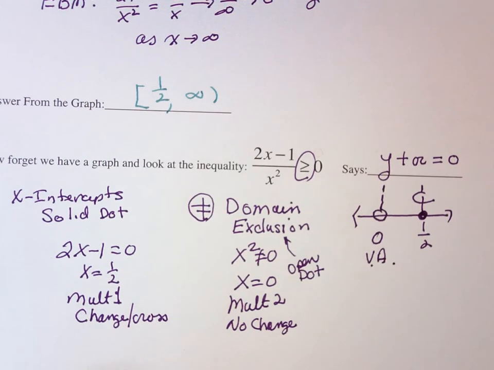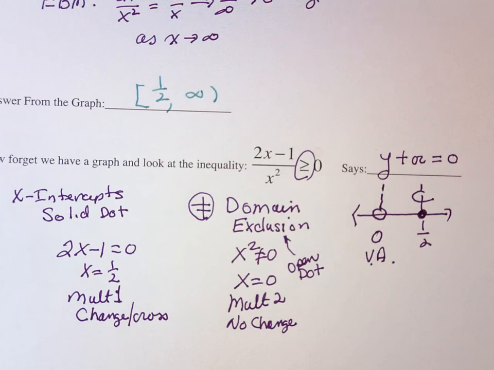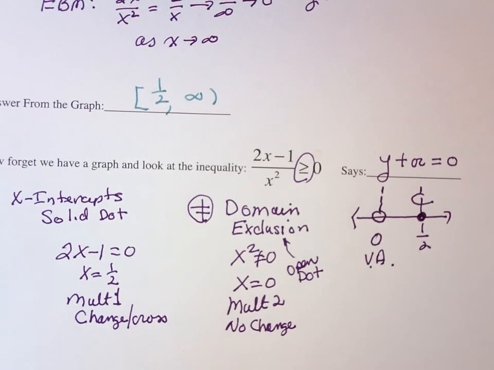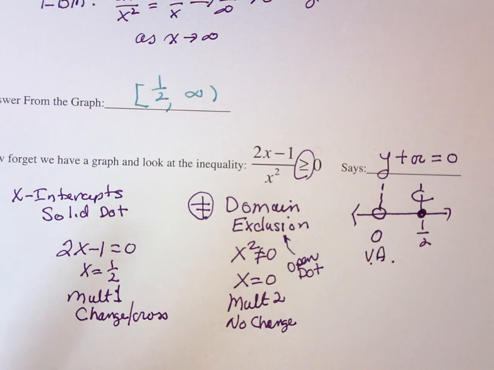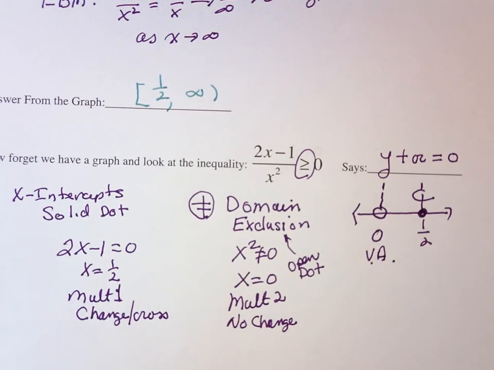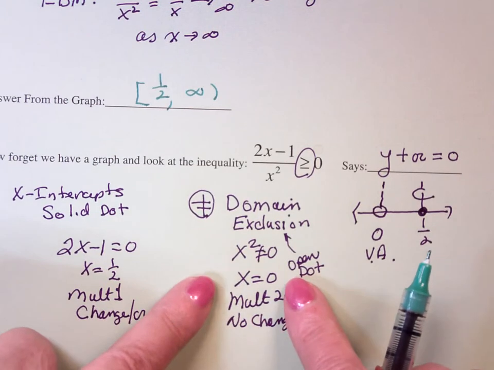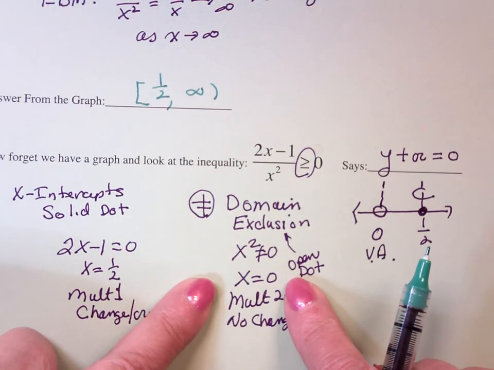Now, when I was a student in calculus, I forgot about the dang VA every single time. Well, for a while. Then the instructor would make me a note because he said, you forgot about the VA again, and that skewed all my answers. This way, if I do the equal, which is the x-intercepts, and if I do the not equal, which is the VA or domain exclusions, I don't forget anybody.